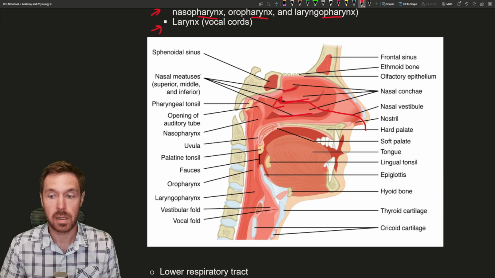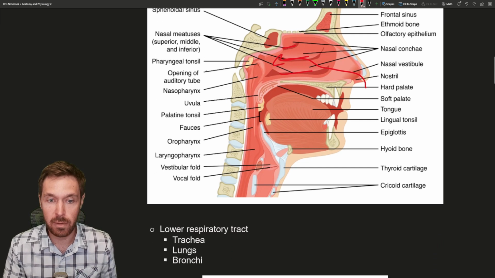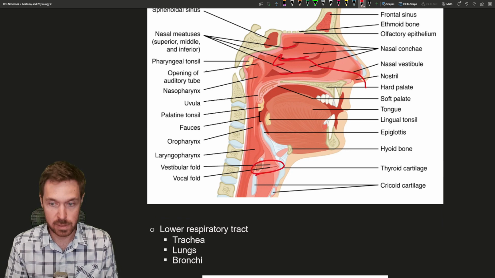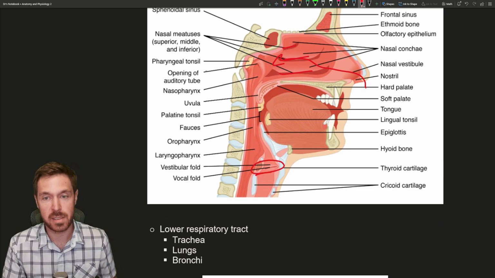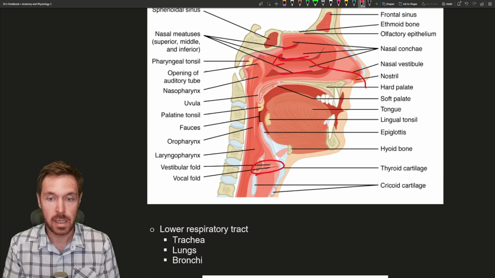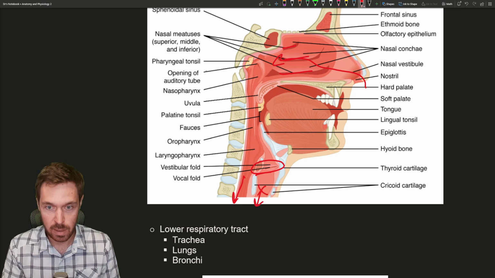So, down here is where we get to the larynx. So, the larynx is just referring to the voice box right here. Now, the voice box has what are called the vocal folds in it and so forth. So, when you're swallowing food, you want it to go down the esophagus and not the trachea. So you don't want food to go there. So there's a structure here called the epiglottis, which closes.